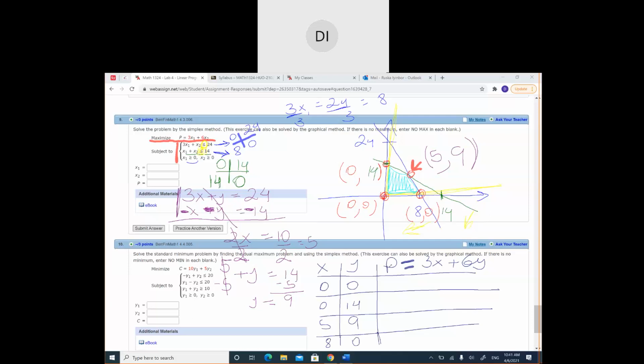So when I plug in 0, 0, obviously it's 0. Then I have 3 times 0, which is 0, plus 6 times 14, which is 84. Then I'm going to replace 3 times 5 plus 6 times 9.